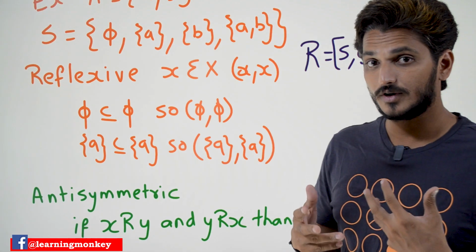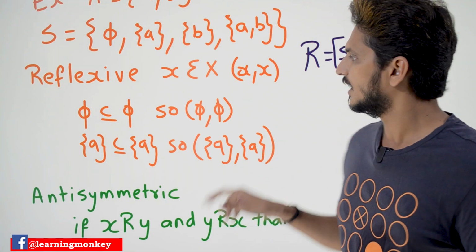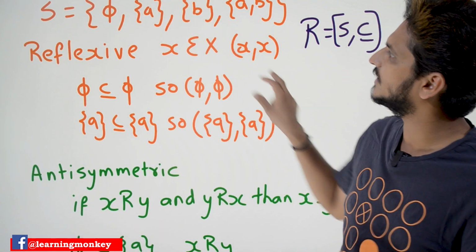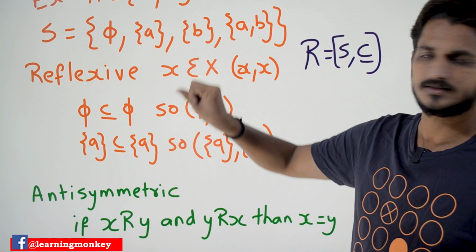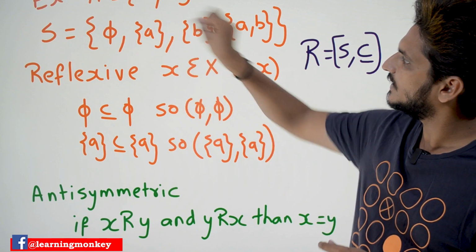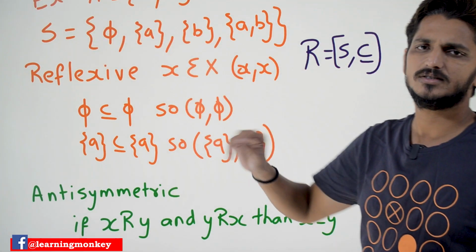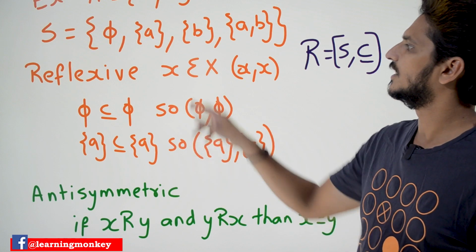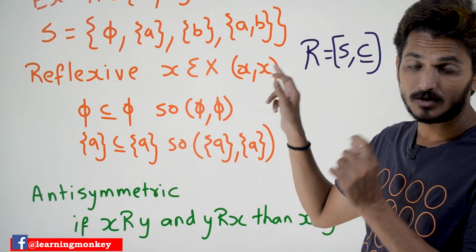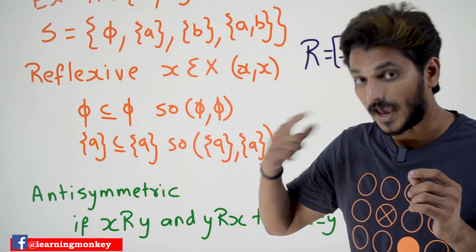Now we need to check whether our relation R is reflexive or not. Yes, it is reflexive. Reflexive means you take any element x that belongs to set S, and then the ordered pair (x, x) should belong to our relation, for all x values.